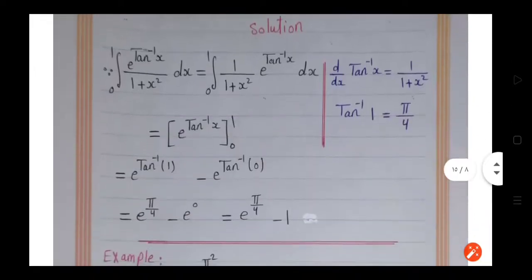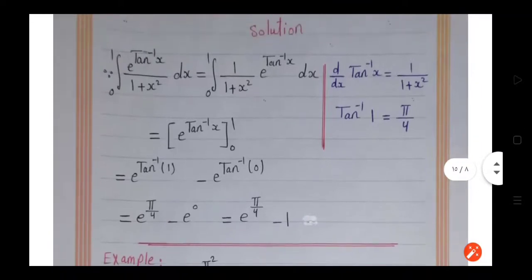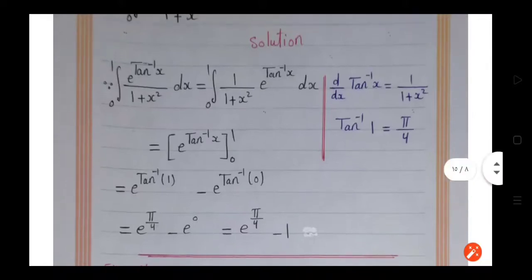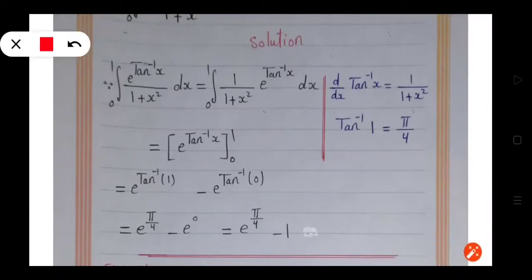From chapter 1, we said that for an exponential function, if the derivative of the power of the exponential function is beside it, the result will equal the same exponential function. So the value of this integration is the same exponential function, e power tan inverse x, for the same limits 0 and 1.